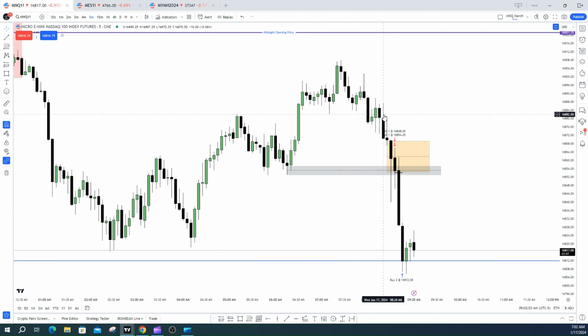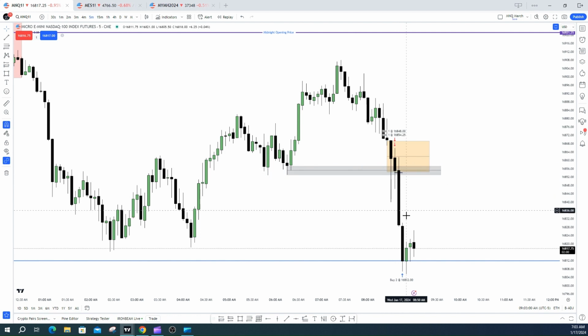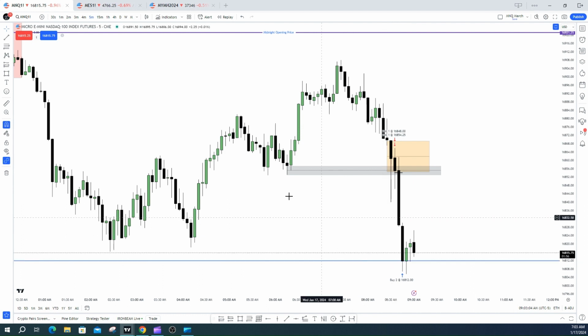And then you saw the first leg distribution, and on a 1-minute time frame, you had a small consolidation here, and then the second leg distribution to draw on the liquidity at yesterday's low.